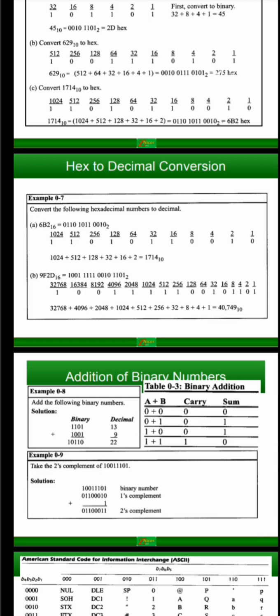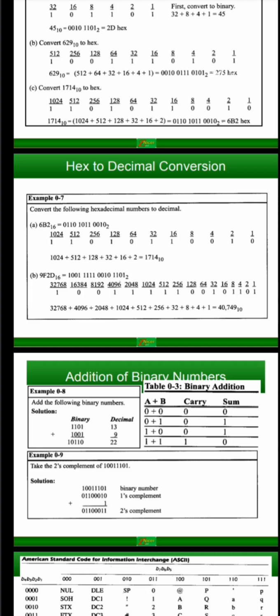Now we have to do addition of binary numbers. For doing addition of binary numbers, we are given the decimal numbers 13 and 9. We have to add both numbers. We know that 13 in binary is 1101 and 9 is 1001.